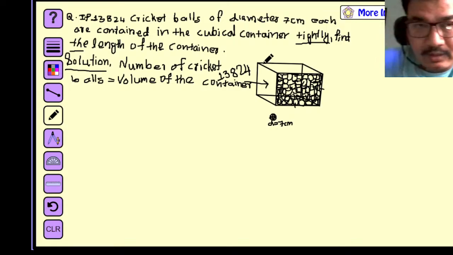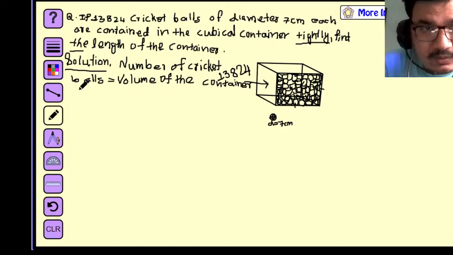Okay, and then here's the given number. So you have to write it. Now let's find out its factorization here.